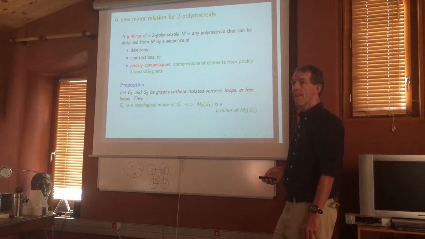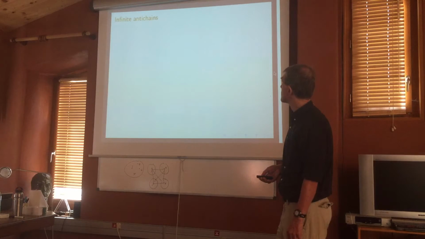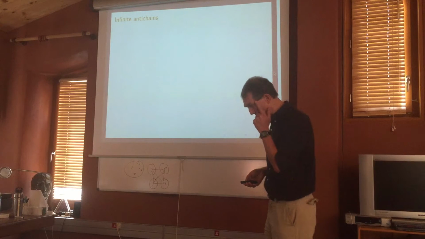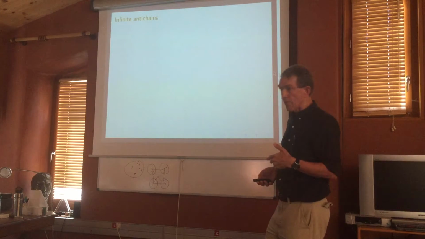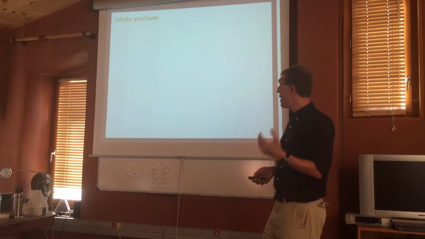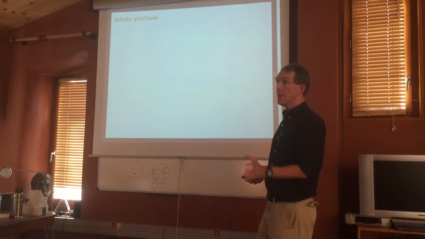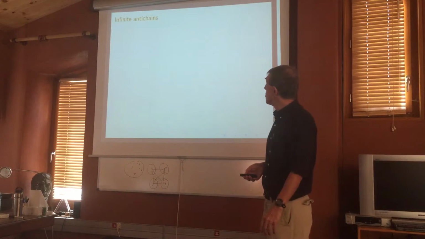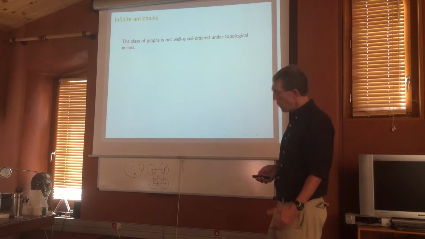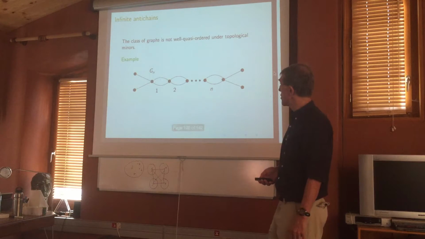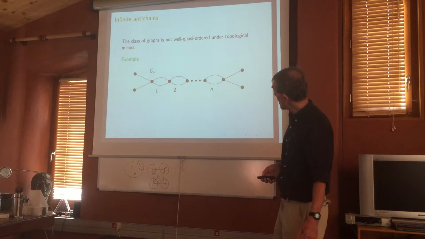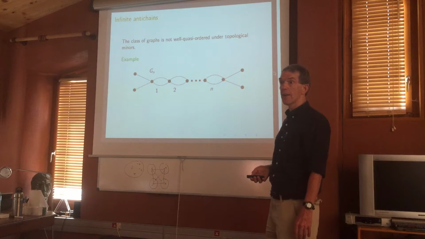Questions about that? Okay. What about infinite anti-chains? We've been talking about the analog of Rota's conjecture. What about the analog of infinite anti-chains in, say, F-representable 2 polymatroids? Well, it's known that the class of graphs is not well quasi-ordered under topological minors. And here's an example that you might use to show that.